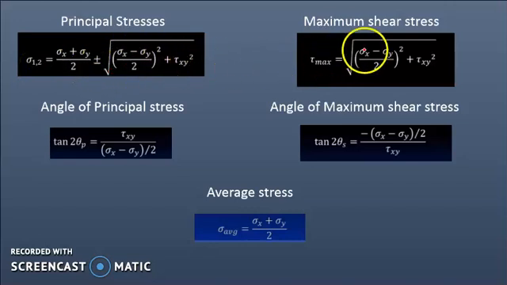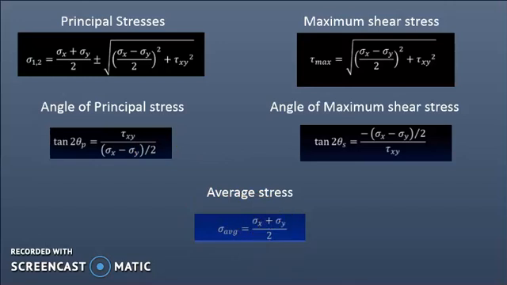For maximum shear stress, the formula is the square root of ((sigma x minus sigma y) by 2) whole square plus tau xy whole square. Similarly, to find the angle at which the principal plane is acting, we use tan 2 theta p equals tau xy divided by (sigma x minus sigma y) by 2. Similarly, the average stress is sigma x plus sigma y by 2.